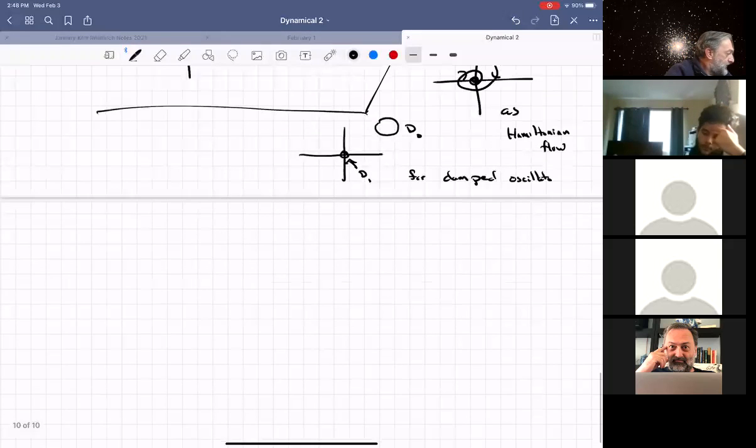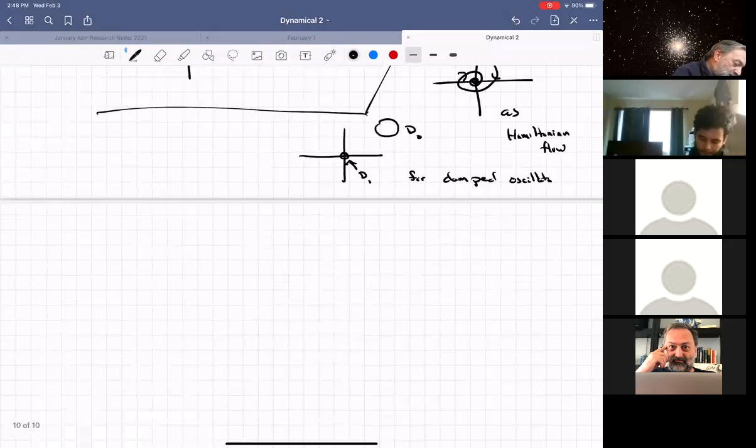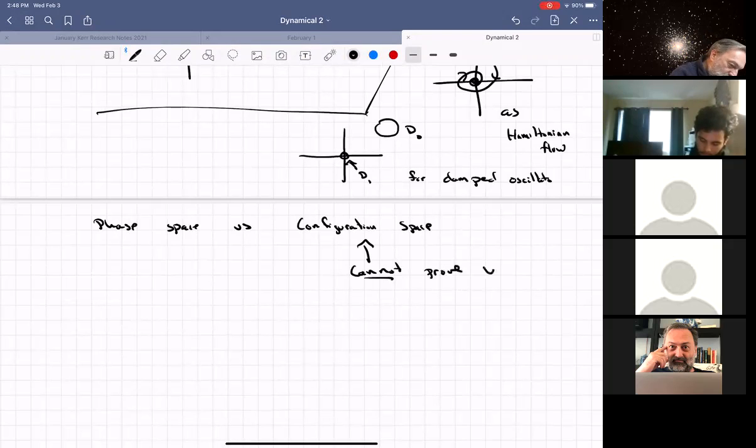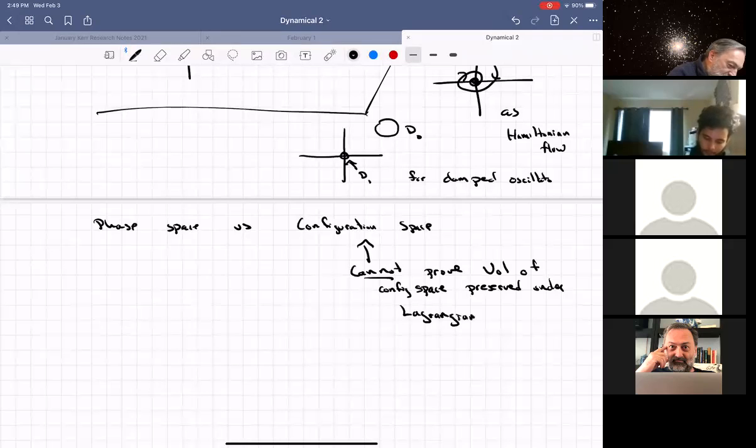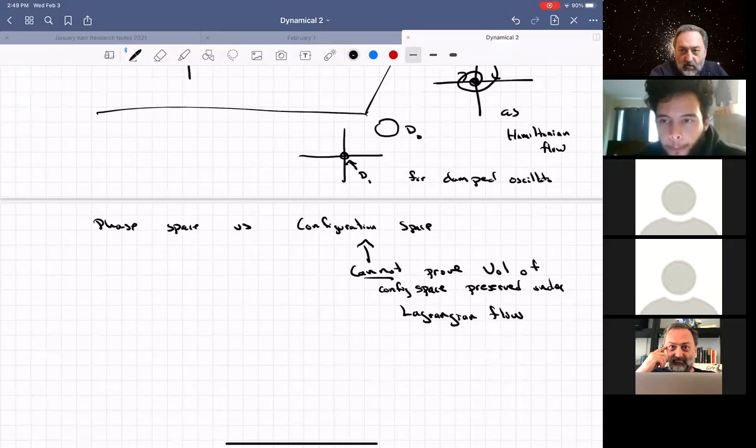Now, second thing. If you try to play the same game, it does not work out, because it is not true that Lagrangian flow preserves the volume of an ensemble in configuration space.